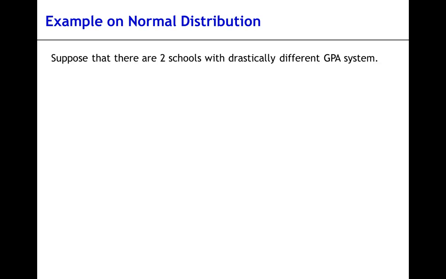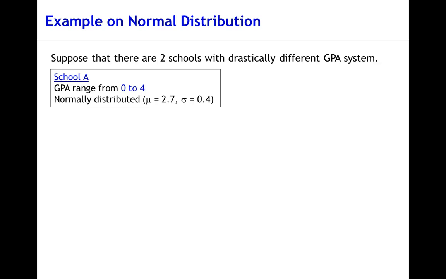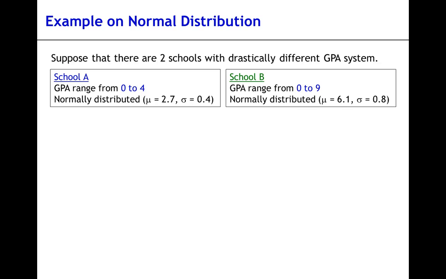In this example, we have 2 schools with drastically different GPA systems. For school A, the GPA ranges from 0 to 4 and is normally distributed with a mean of 2.7 and a standard deviation of 0.4. For school B, the GPA ranges from 0 to 9 and is normally distributed with a mean of 6.1 and a standard deviation of 0.8.